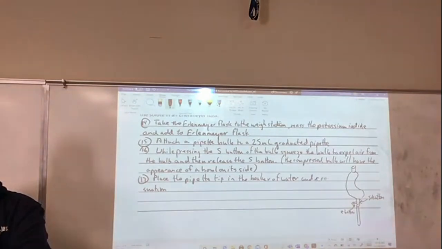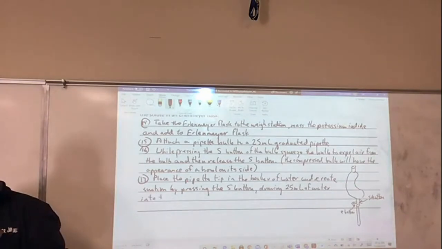Create suction by pressing the S button, drawing 25 milliliters of water into the pipette.